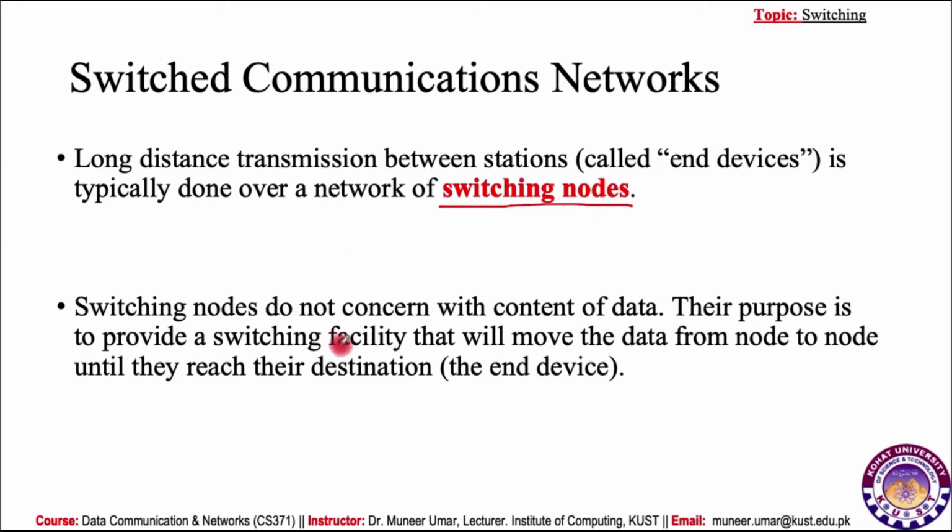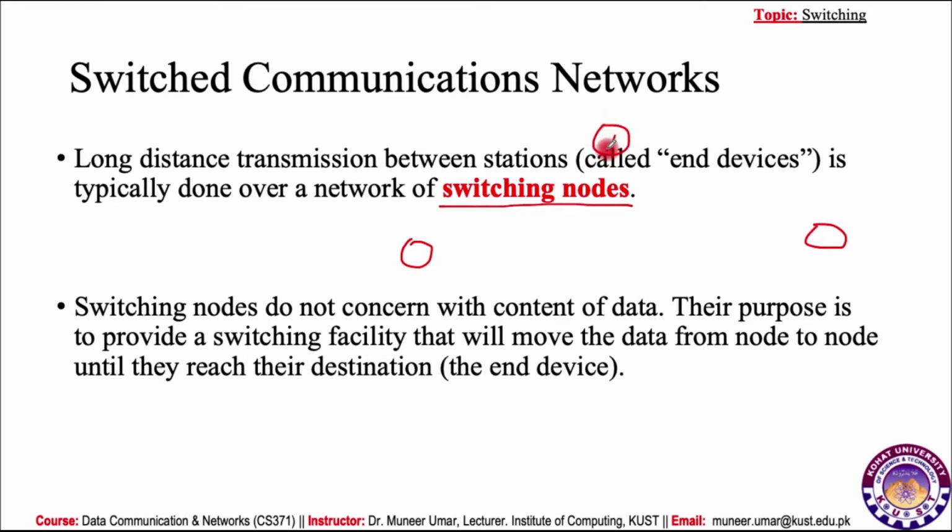Switching nodes do not concern with the content of data. The main objective of switching nodes is to divert the traffic from one node to another. Their purpose is to provide a switching facility that will move the data from node to node until they reach their destination. So, we might have two devices communicating with each other.